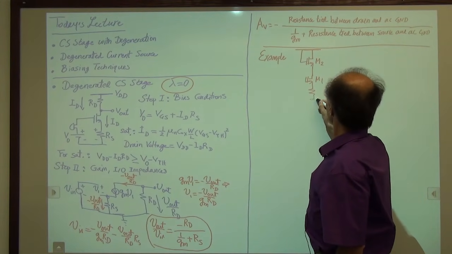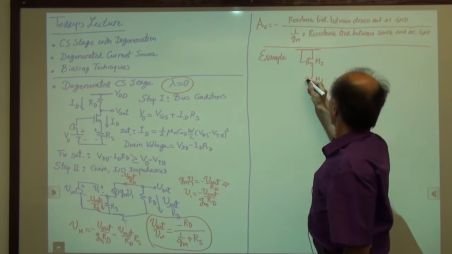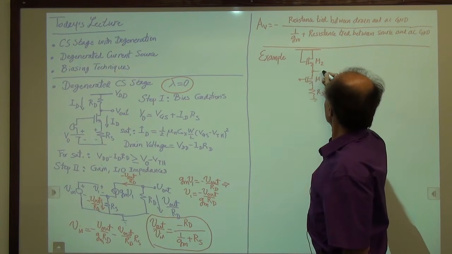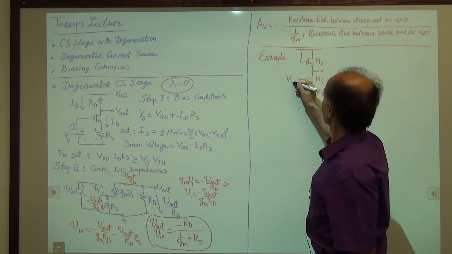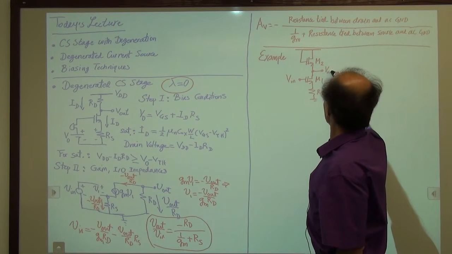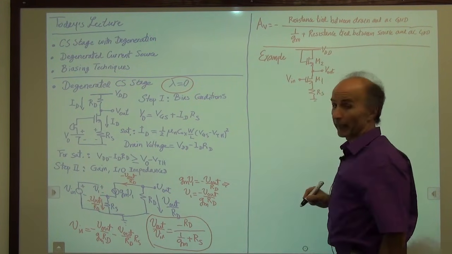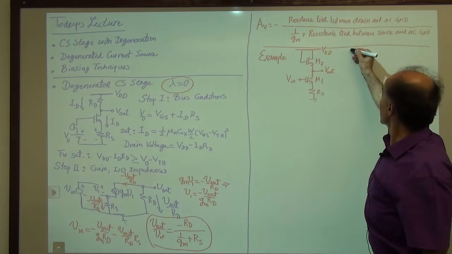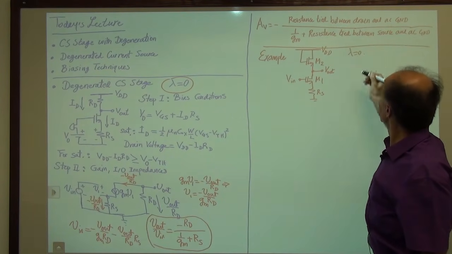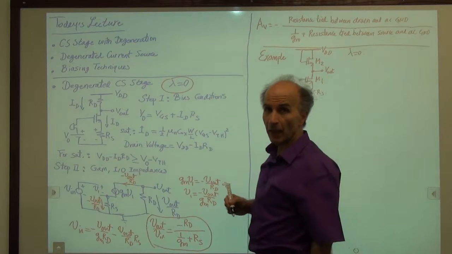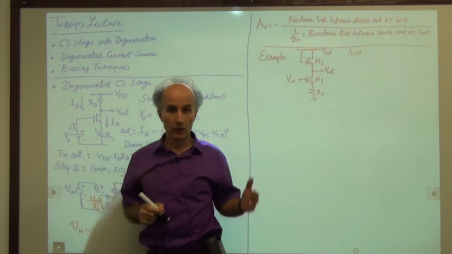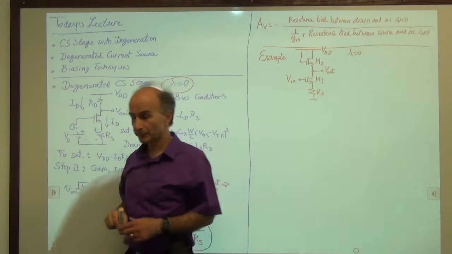I have some degeneration here, and I would like to find the voltage gain of this circuit, V in, V out. That's of course VDD. And again, we are assuming lambda is 0. Okay? I will give you 90 seconds to find the voltage gain of the circuit.